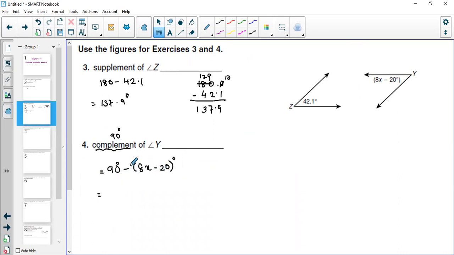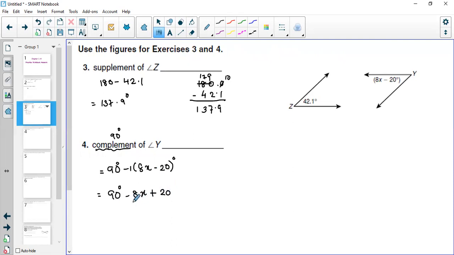To remove the parenthesis, as always, there is an invisible 1 here. So you need to multiply each of the terms inside the parenthesis. If you multiply it like that, 1 multiplied by 8x is 8x, and negative 1 multiplied by negative 20 is going to give you a positive 20. Negative into negative is positive.